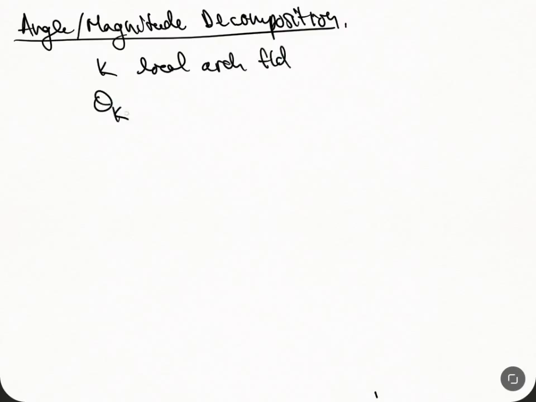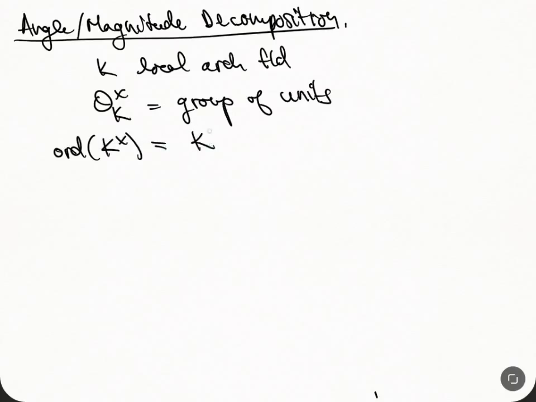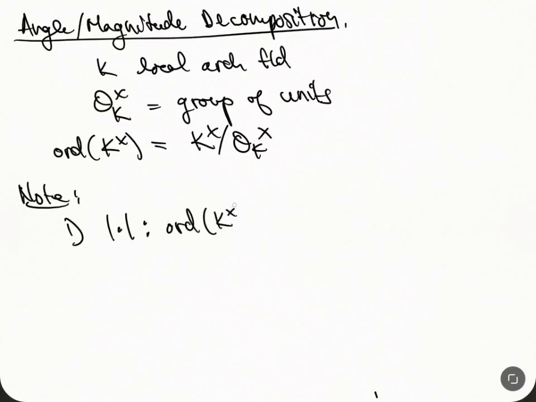Then we're going to define OK star, the group of units, and we can define the order in the following way: K star mod OK star. There are some interesting observations to make. First observation: we can take the usual absolute value here, since these are all going to be units, and this is an isomorphism.